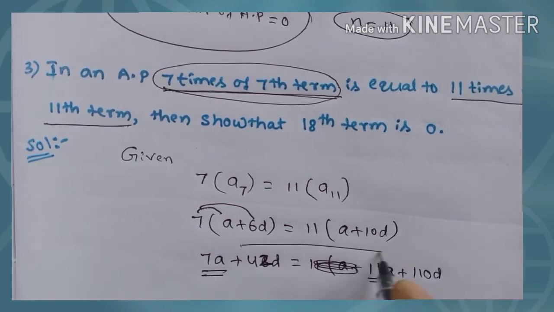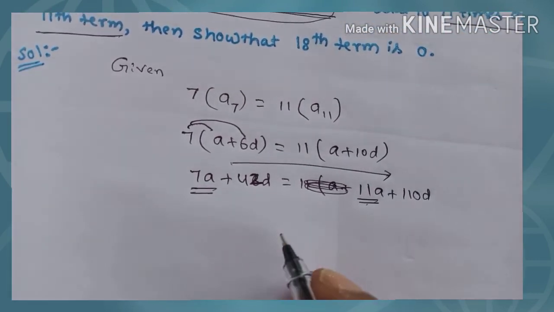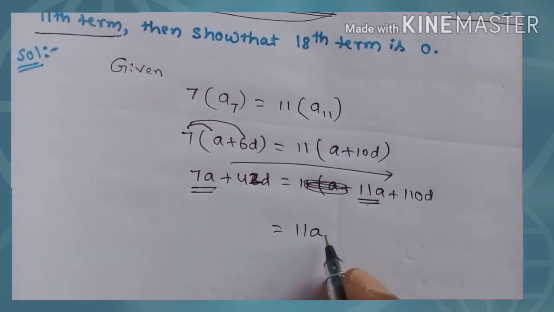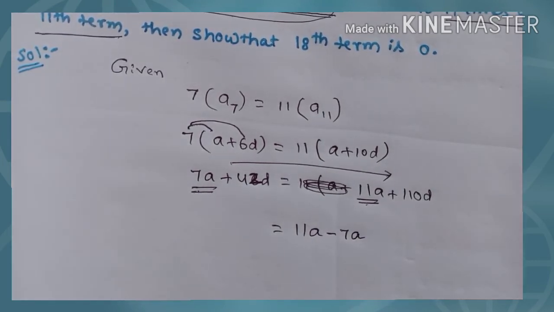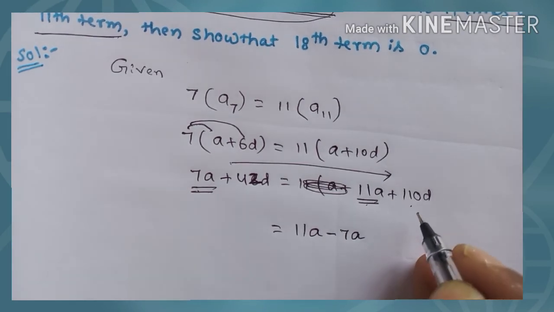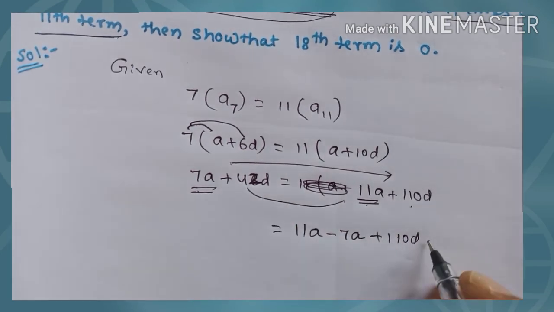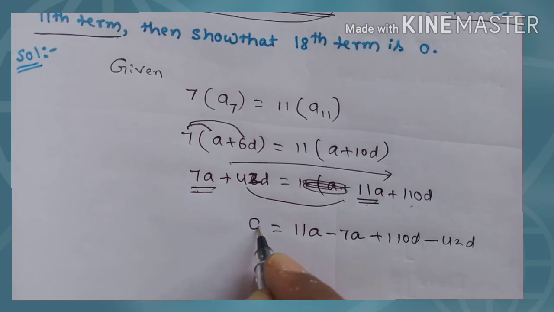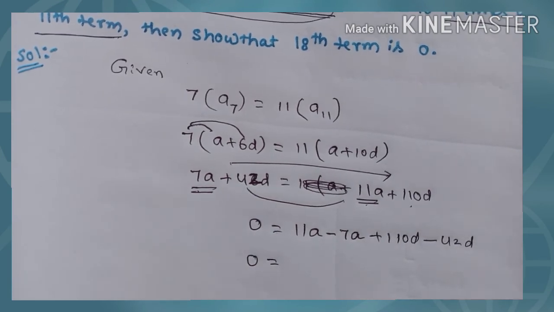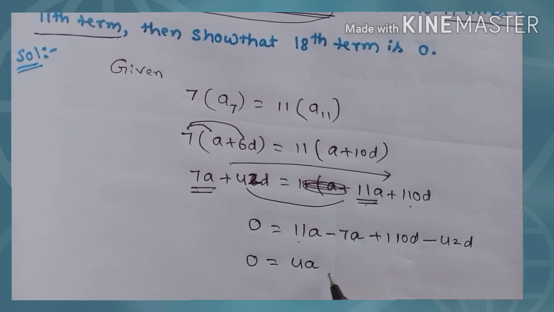Now this is the bigger value, so transpose to that side. 11A, transpose minus 7A, and plus 110D, transpose minus 42D. Now all the terms are transposed, so we can write 0 here. 11A minus 7A is equal to 4A, plus 110 minus 42 is equal to 68D.